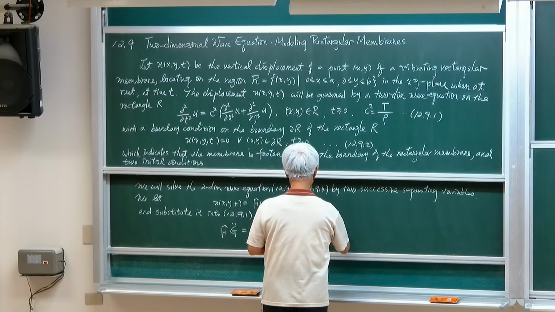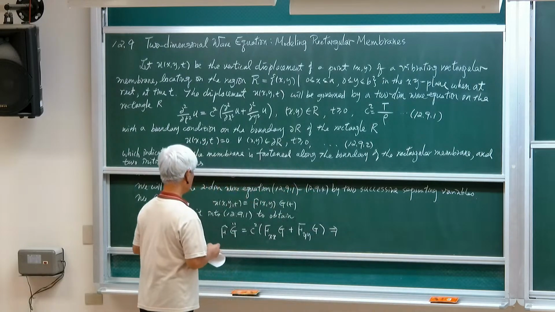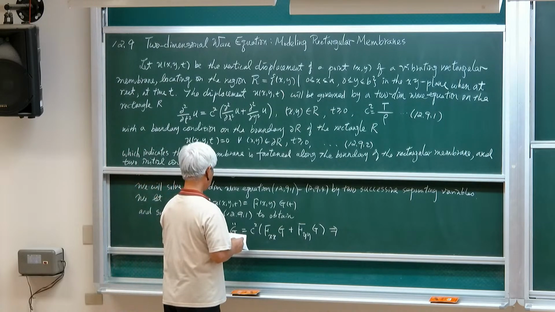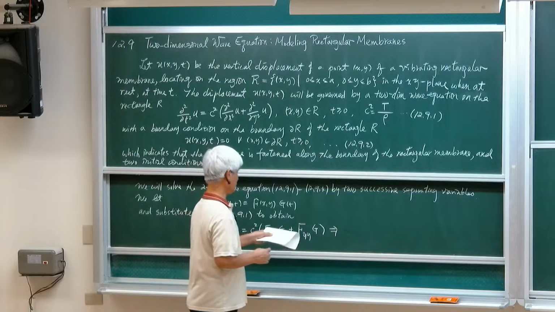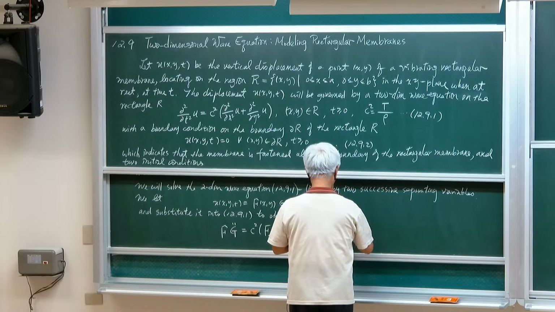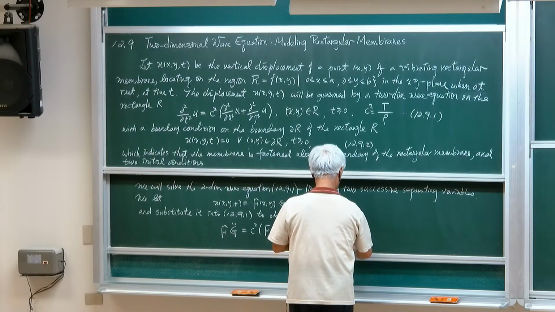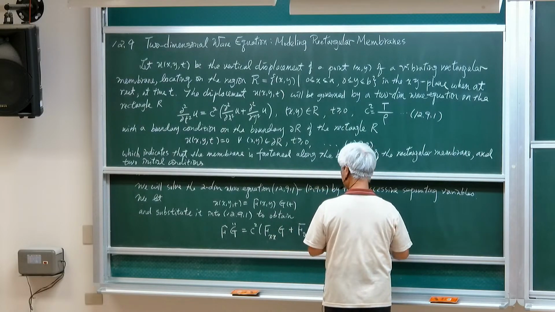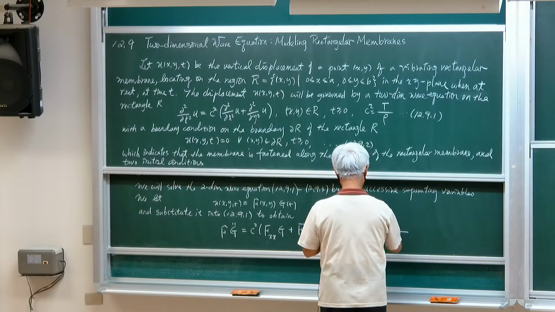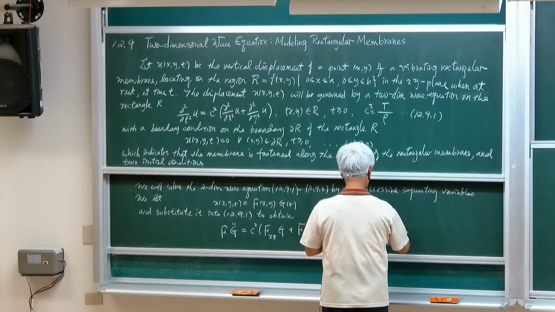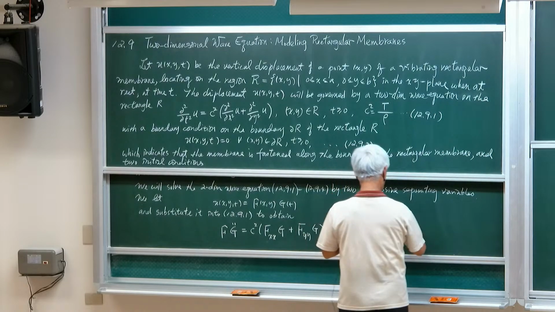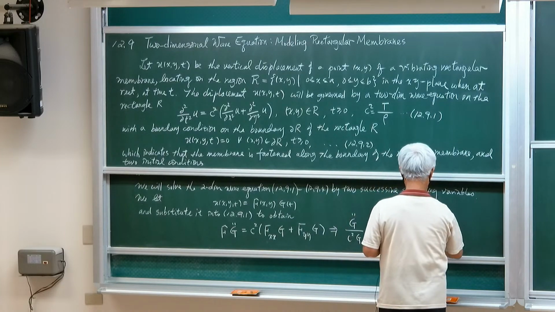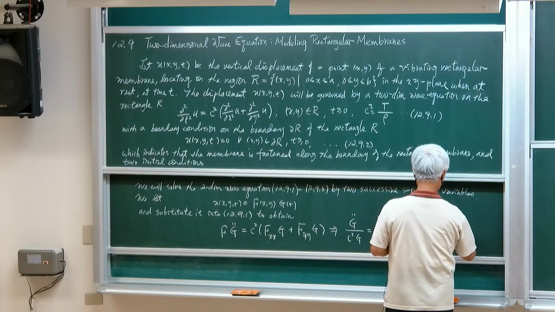Okay, and so if we divide by c squared times f times g on both sides, we have g double dot over c squared g equal to f_xx plus f_yy over f, and equal to k, where k is a constant.